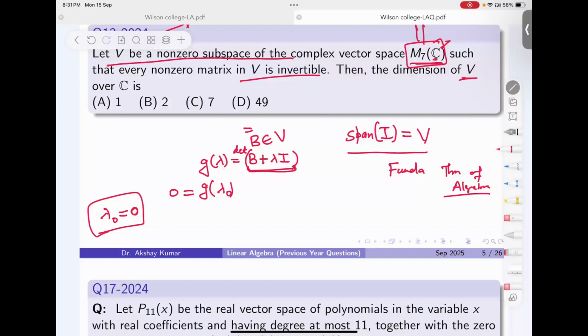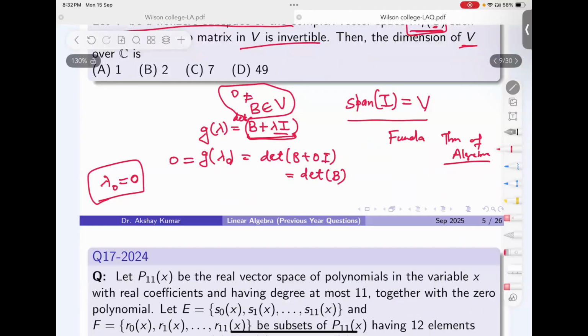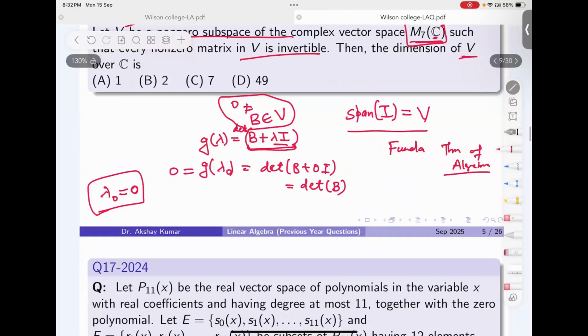Of course we are taking non-zero B. So lambda naught cannot be 0.